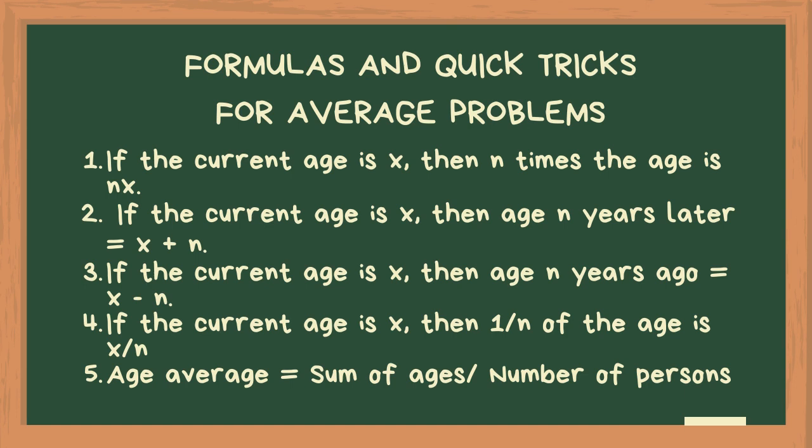The fourth, 1 over n of the age is x over n. And lastly, the average age is just the sum of ages divided by the number of persons.